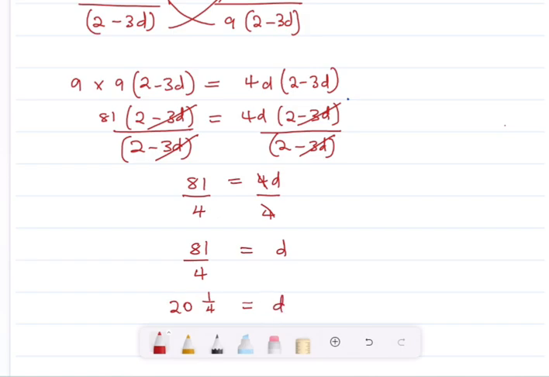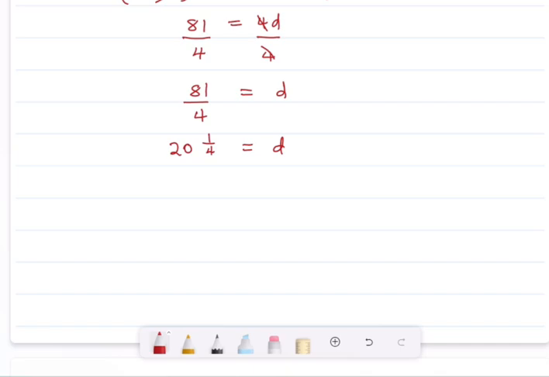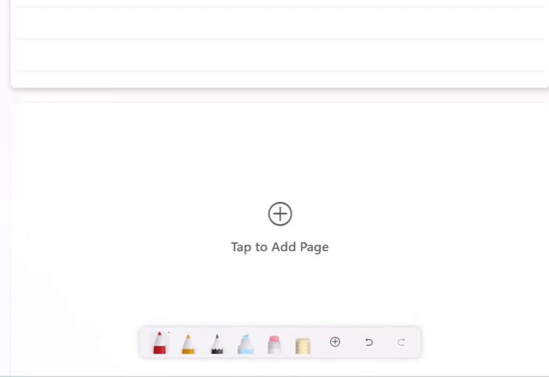So if you decide to use the other method that I had highlighted earlier on, it means you are multiplying both sides of that equation by the common denominator, of course.